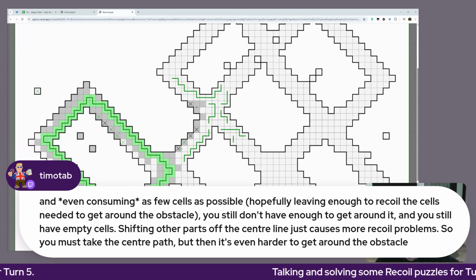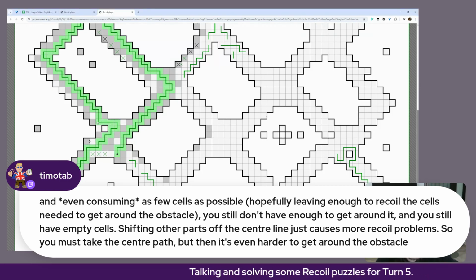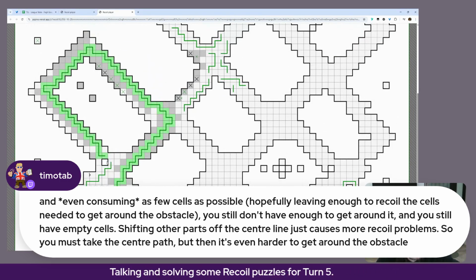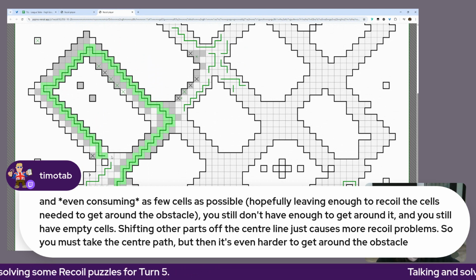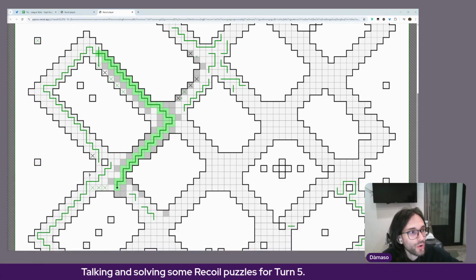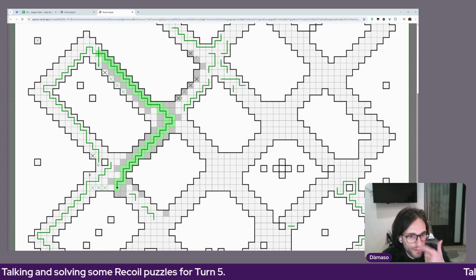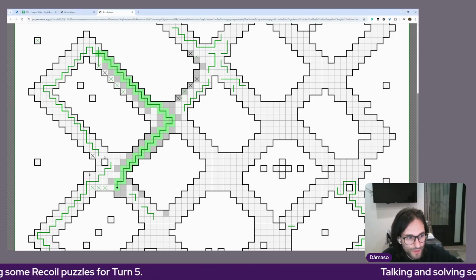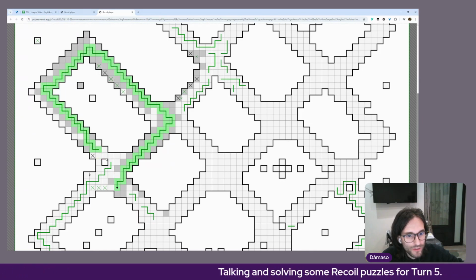Yeah, not only is it even harder, you just can't, because when you go through the middle, now you have only one recoil, and you can't go through there, and you can't go through the other side because you don't have enough in this direction. So, sorry, I had the thing. Okay, but yeah, if you try to do that, that's the problem. You try to go from the middle here.